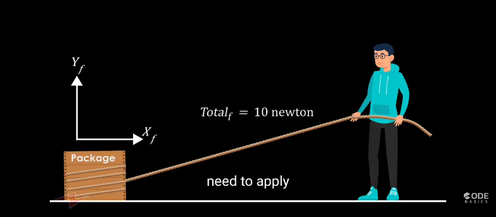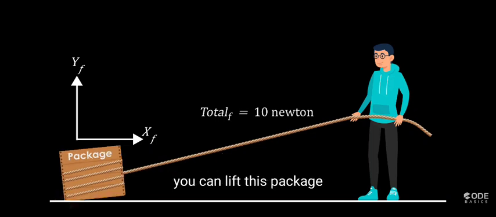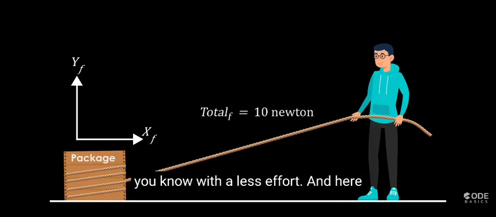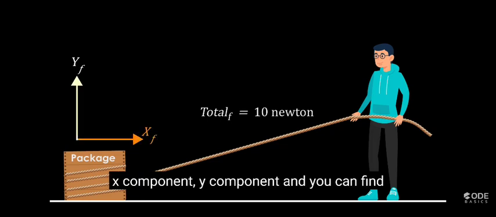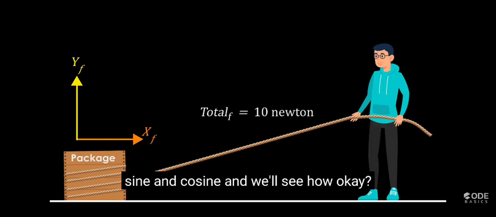Now you need to apply the exact right amount of force so that you can lift this package with less effort. And here, to find the components, the 10 Newton force has two components, x component and y component, and you can find this using sine and cosine, and we'll see how.